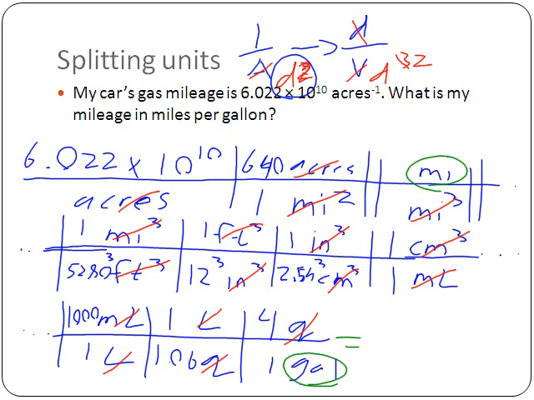This gives 34.892, so 34.89 would be 4 significant figures, miles per gallon.